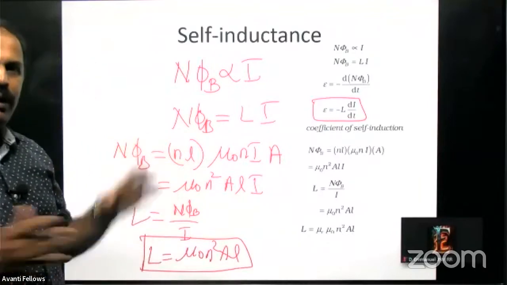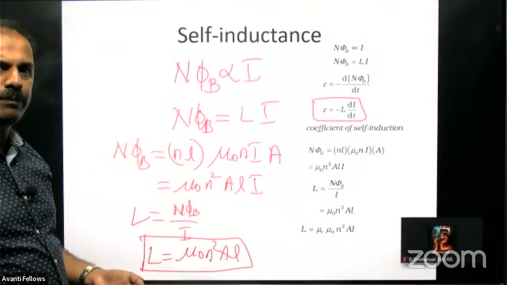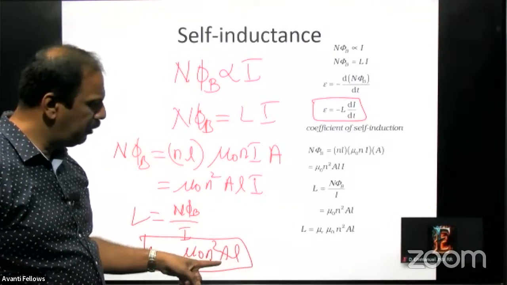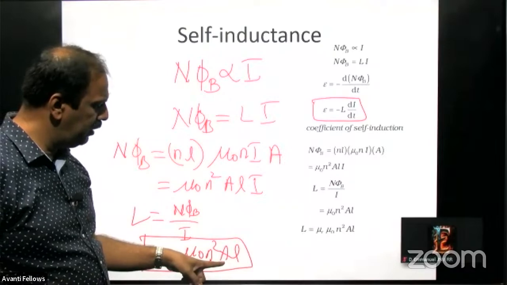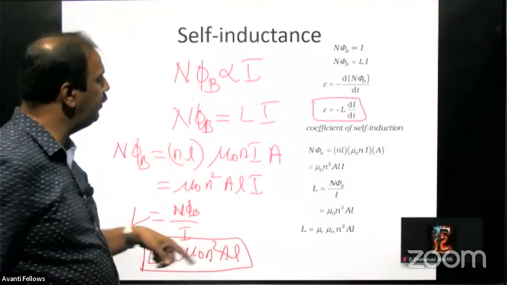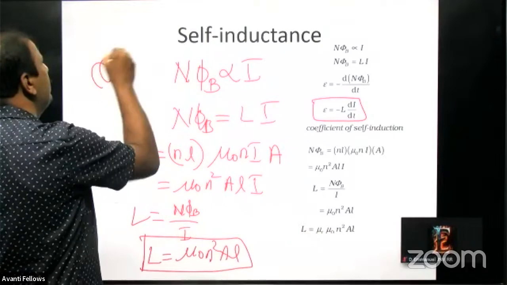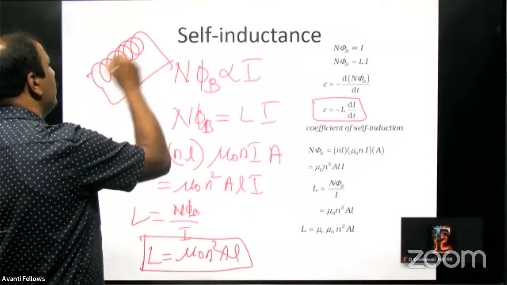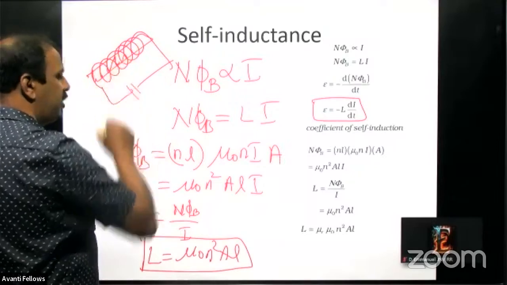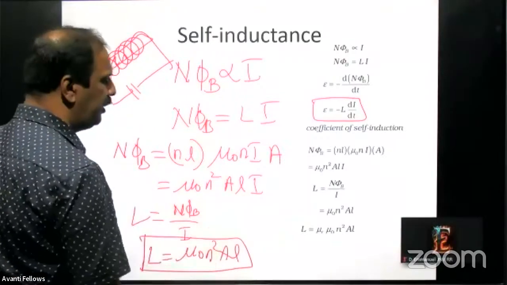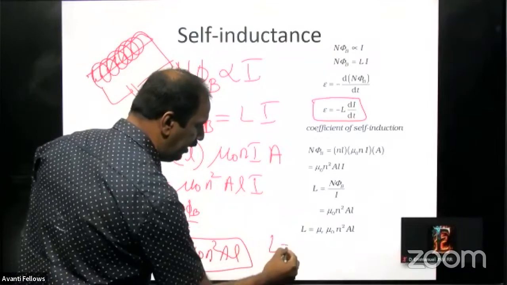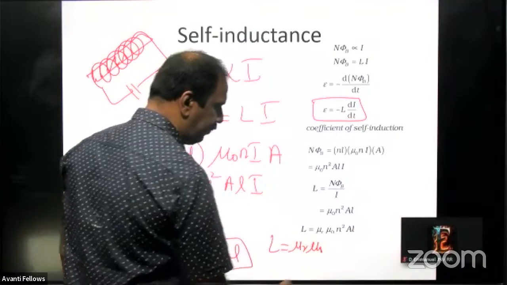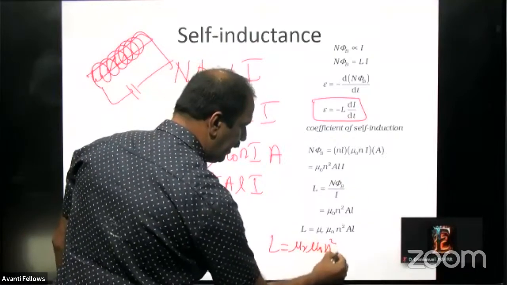And when you fill this with any other material, inside this one, instead of mu naught, then it will become mu r. So L will become L is equal to mu r into mu naught into n square A l.